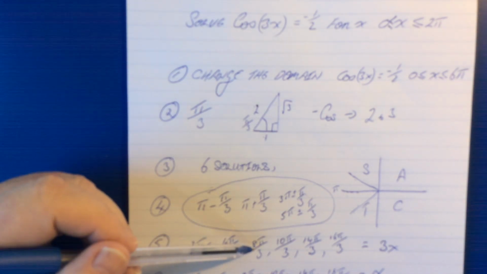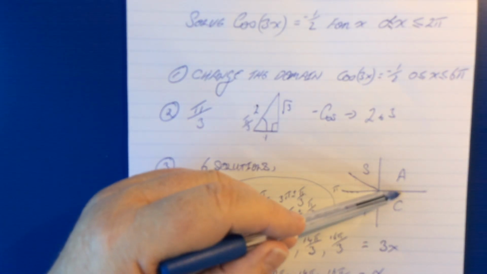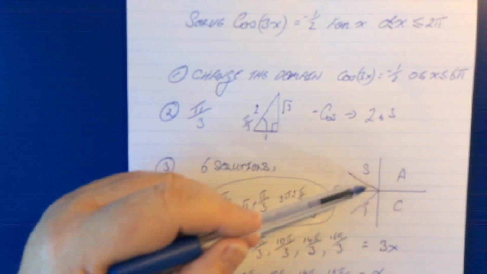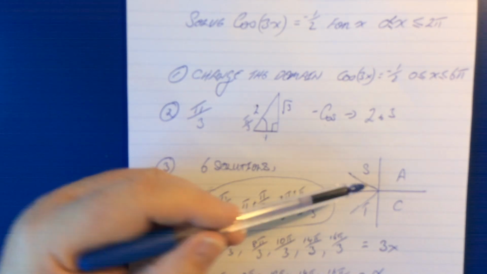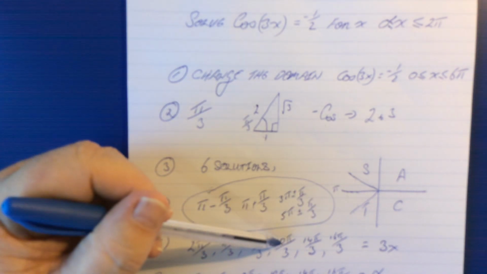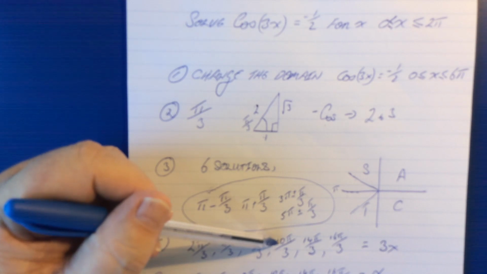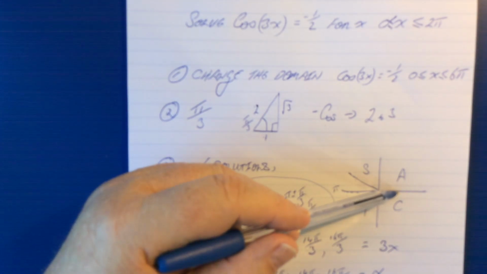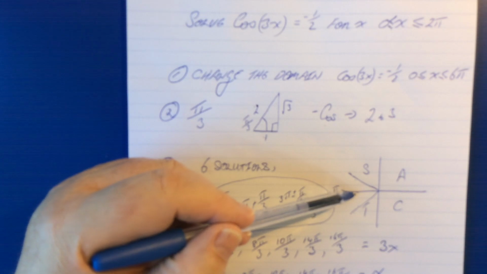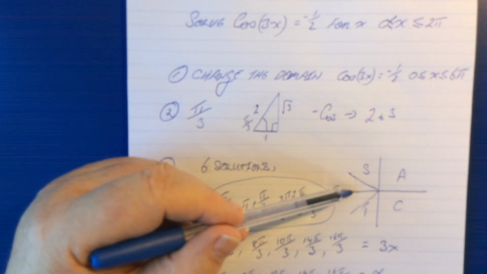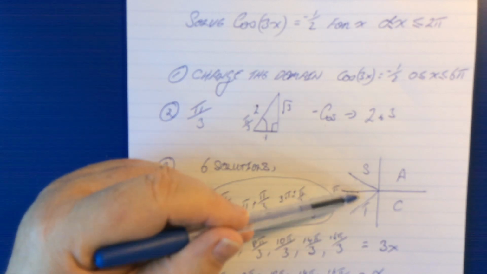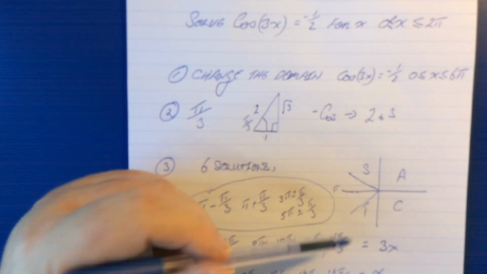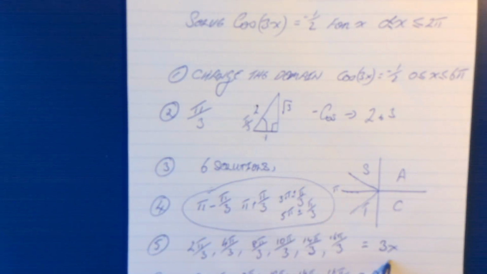Then 3 times round the unit circle gives me 9 pi on 3, plus minus pi on 3 gives me 8 pi on 3, plus pi on 3 gives me 10 pi on 3. 3 times around the unit circle gives me 15 pi on 3, minus pi on 3 gives me 14, plus pi on 3 gives me 16 pi on 3. And that all equals 3x.